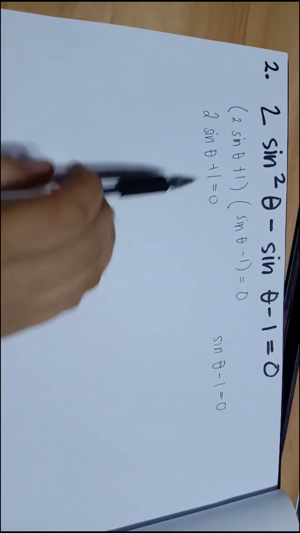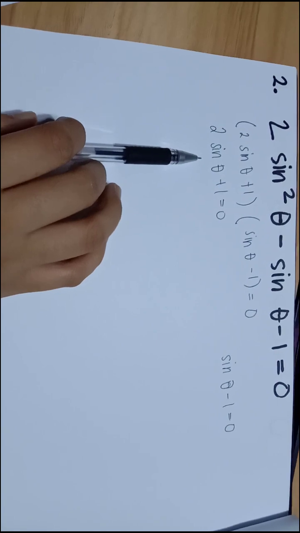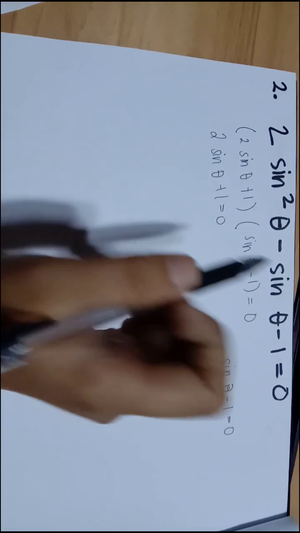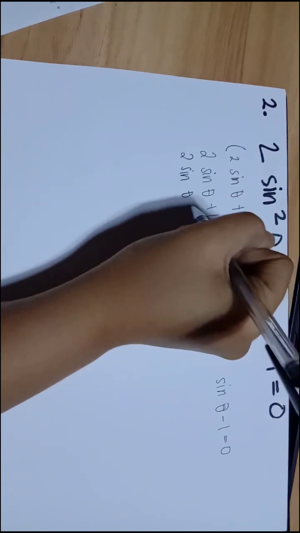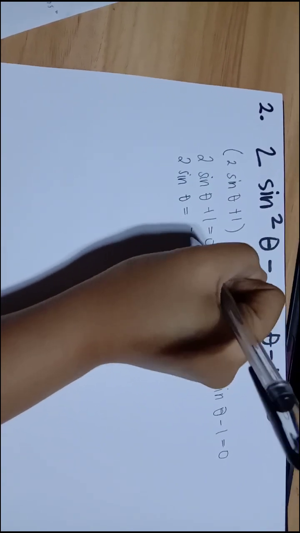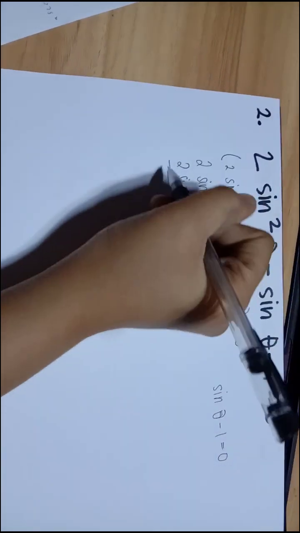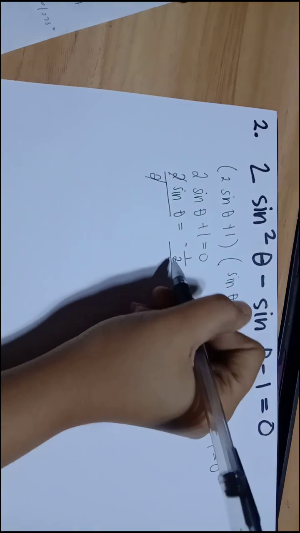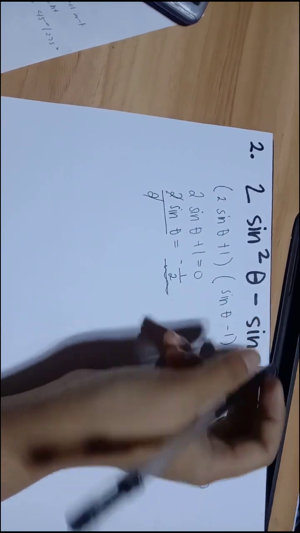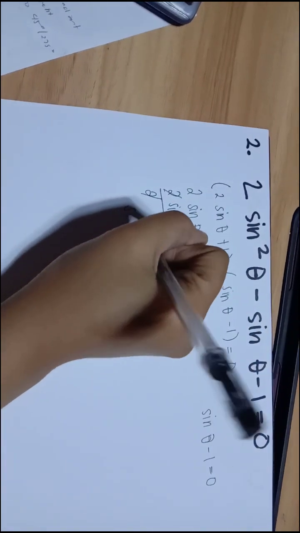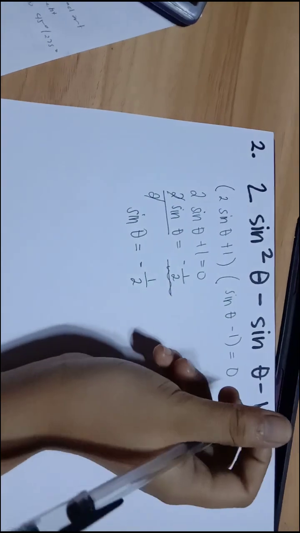So, let's solve this first. We can transpose the 1 to the other side. So, we have 2 sine theta equals negative 1. Divide both sides by 2. The 2s cancel out. Now, we have sine theta equals negative 1/2.